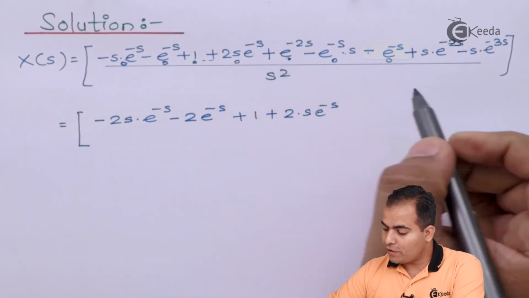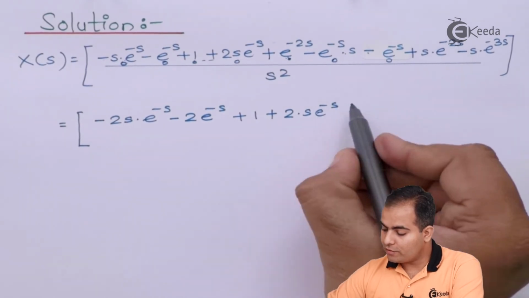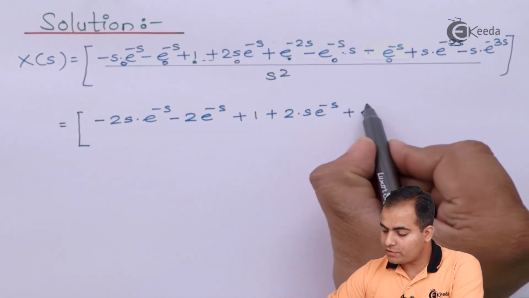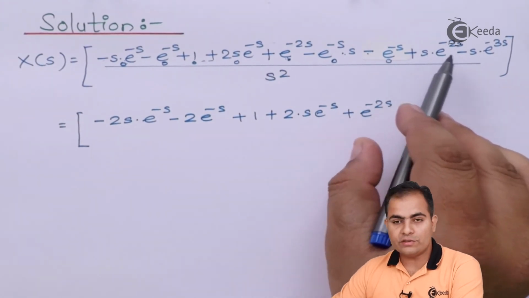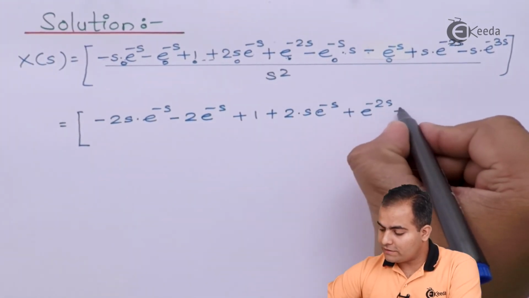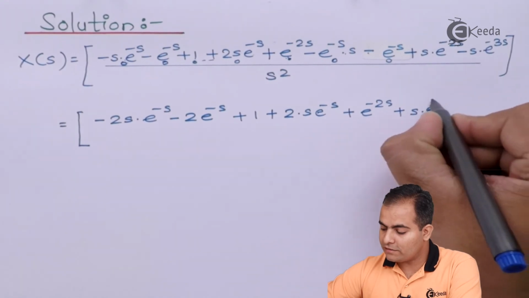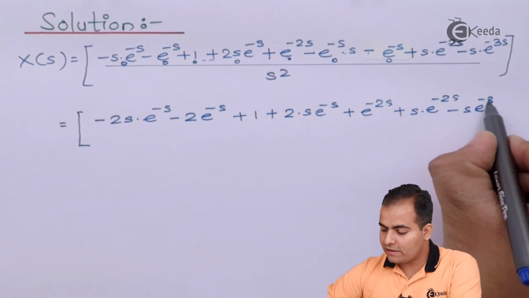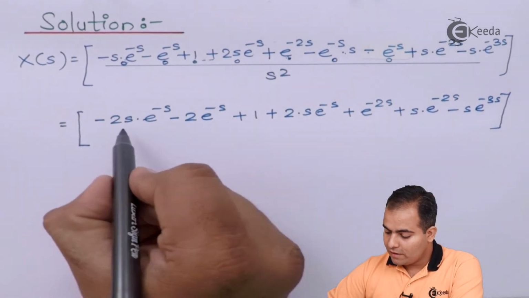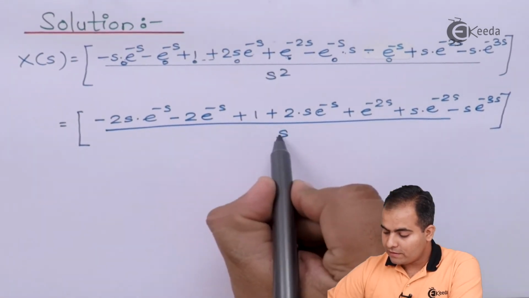Here we have e to the power minus 2s. Fine. So we have only one e to the power minus 2s. Similarly, just move on to the next. So these are the two terms left. I'm going to write them as they are, s e to the power minus 2s minus s e to the power minus 3s and whole divided by s square.